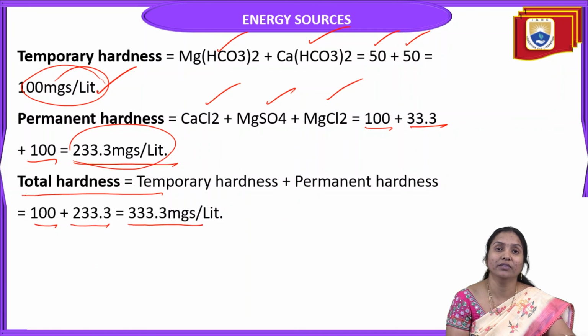Then we identify the temporary hardness causing salts and permanent hardness causing salts. Then we calculate the temporary and permanent hardness, and after that the total hardness. Then we convert it into degree of Clerk or degree of French, whichever is given in the data. So I hope you understood all.